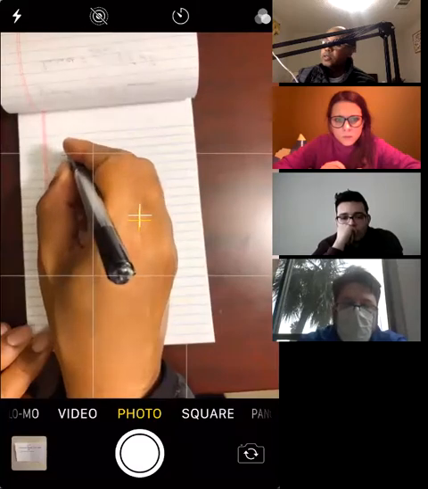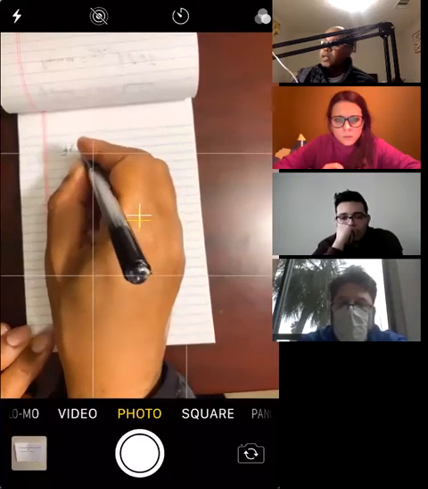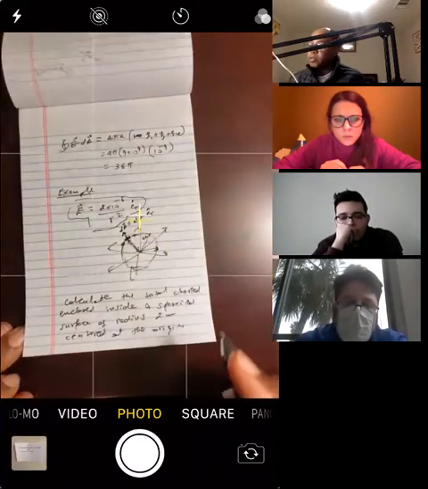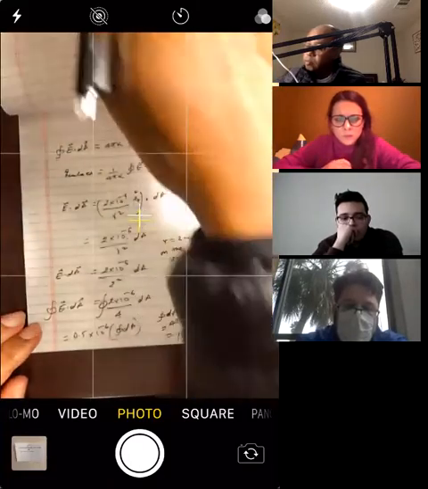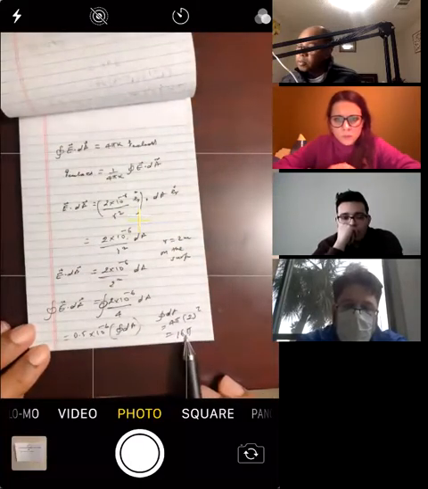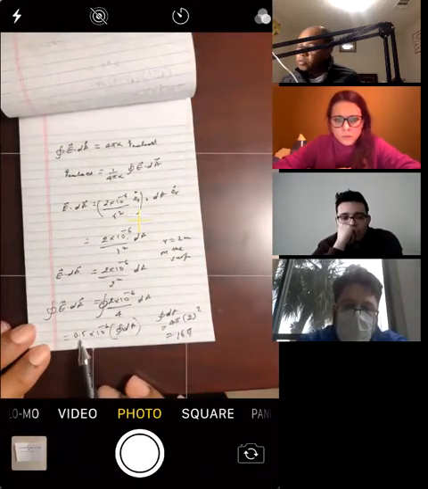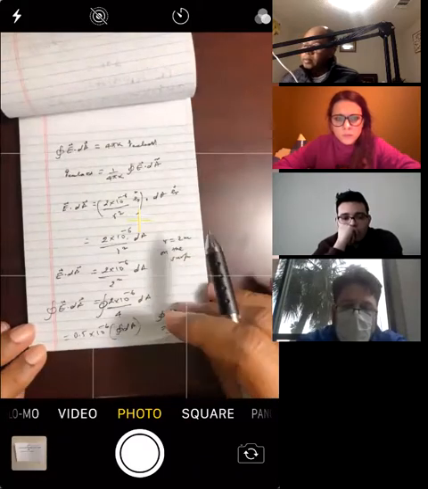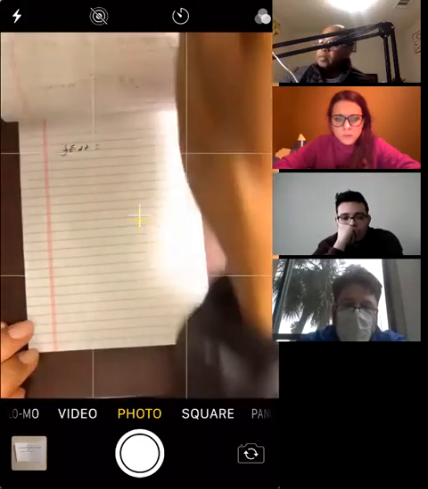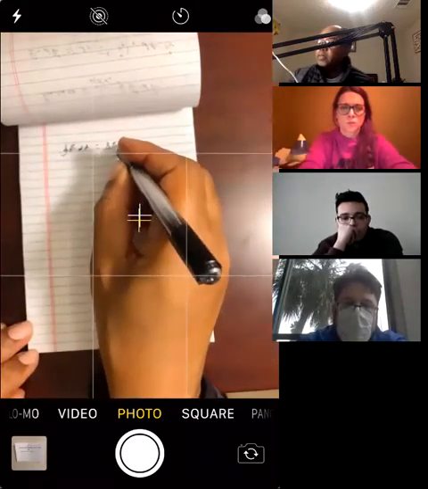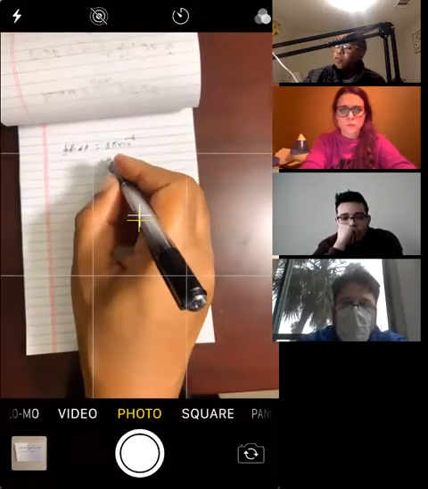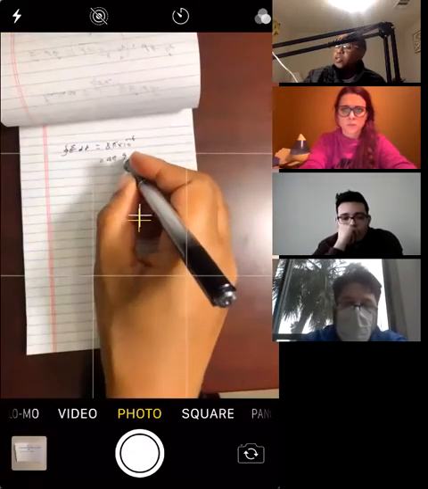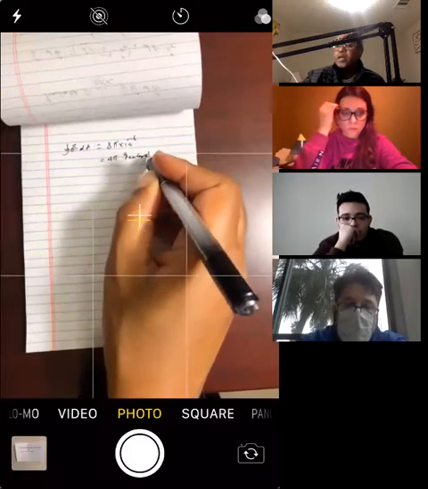So this integral over here is 16 pi times 0.5, which is going to be 8 pi. So that is 8 pi times 10 to the power of negative 6. All right, and that equals 4 pi times the charge enclosed inside.